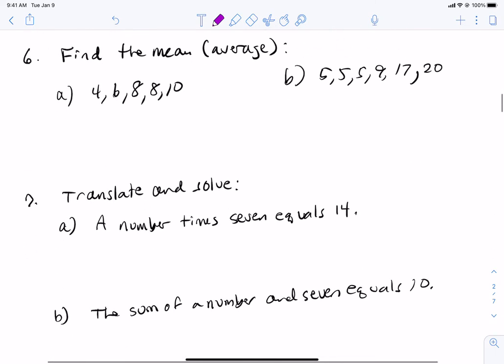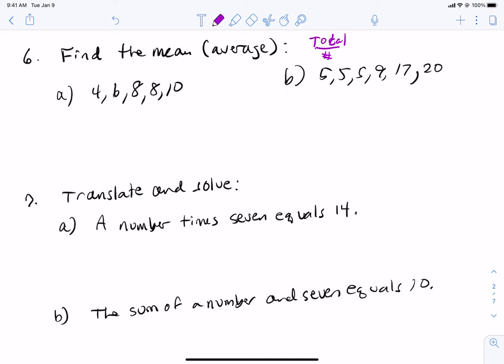Let's take a look at number 6. Number 6 says to find the mean, or the average. Remember the average, we're going to take the total and divide it by the number of items on our list. So it's total divided by the number of items on your list. That is your mean or your average.